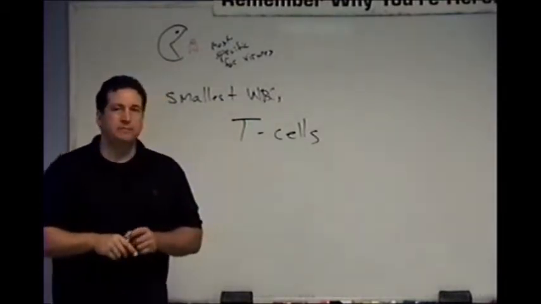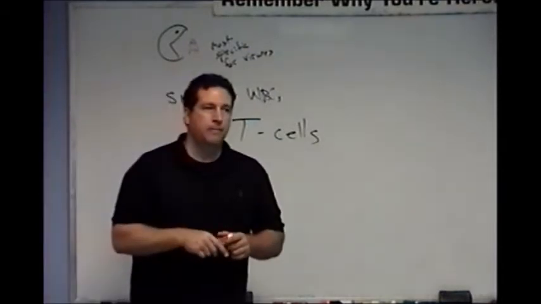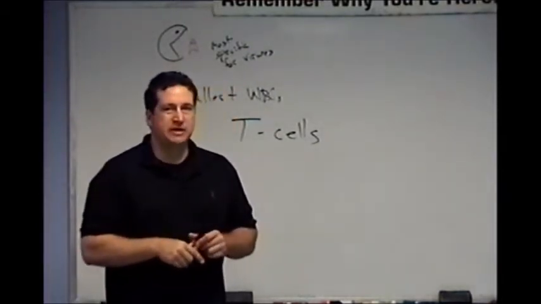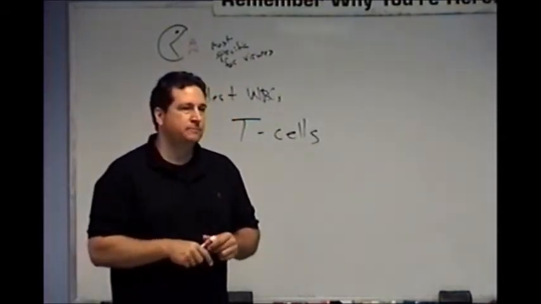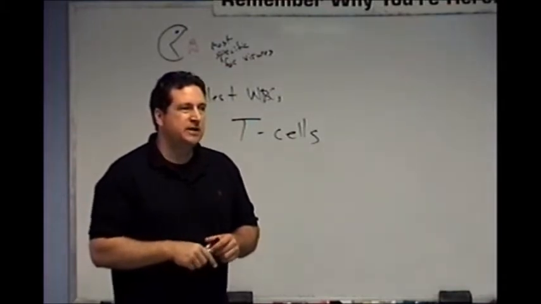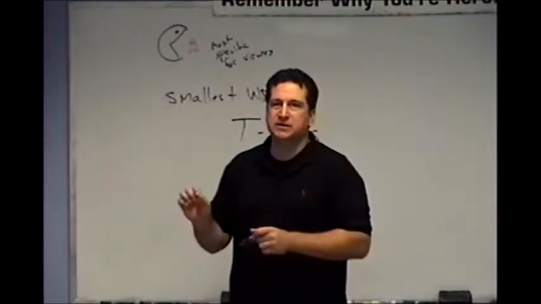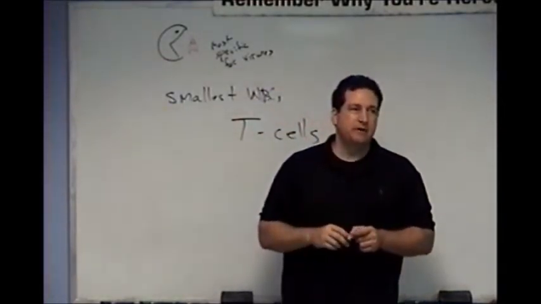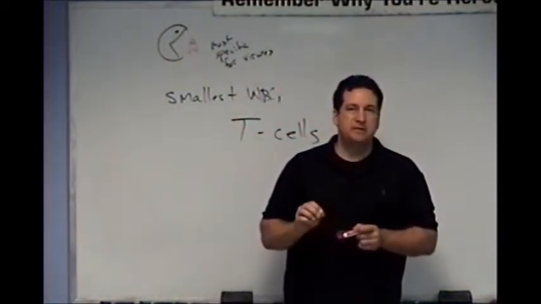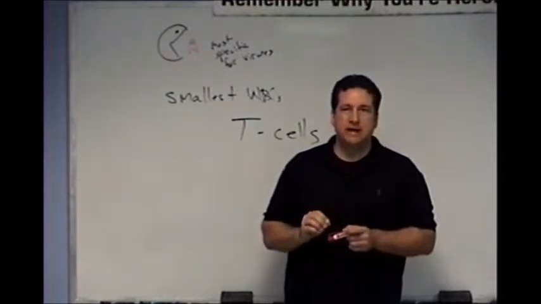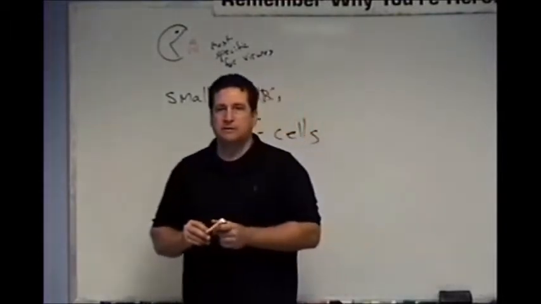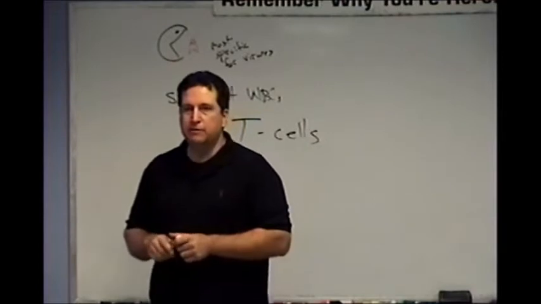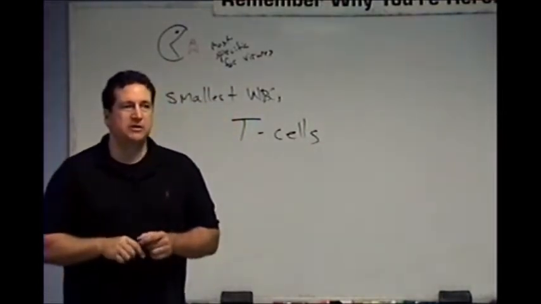The one that's going to be important to you, this group, are the helper T cells, the CD4 cells. This cell is important to you because this is the cell that is targeted by the HIV virus. This specifically is the cell that gets infected with the human immunodeficiency virus. This is his target.